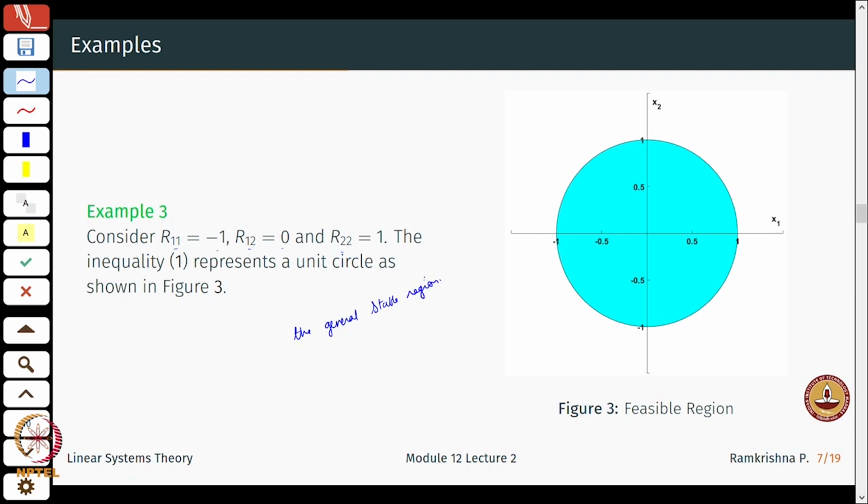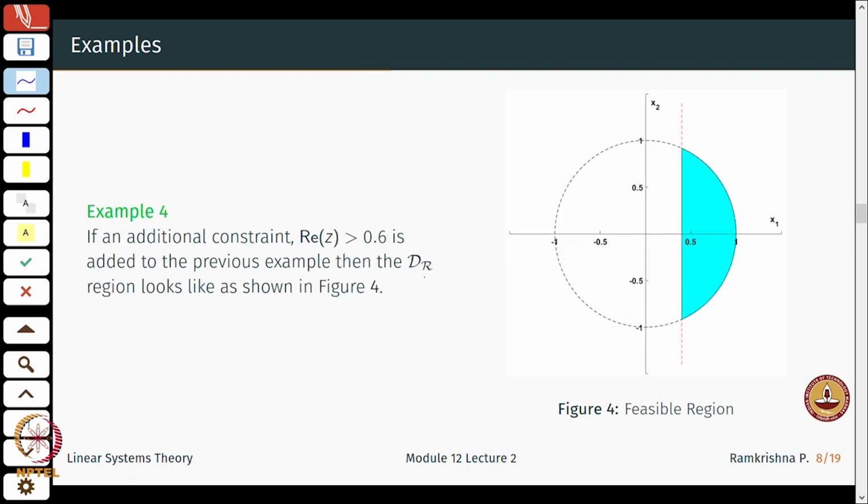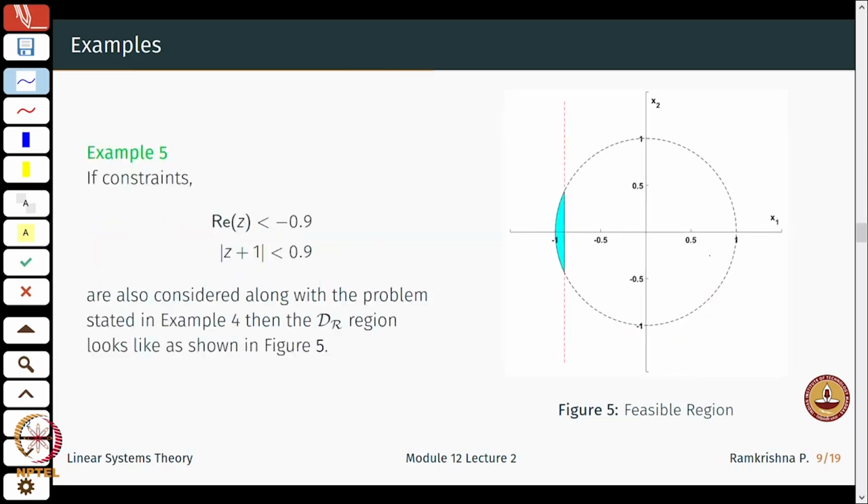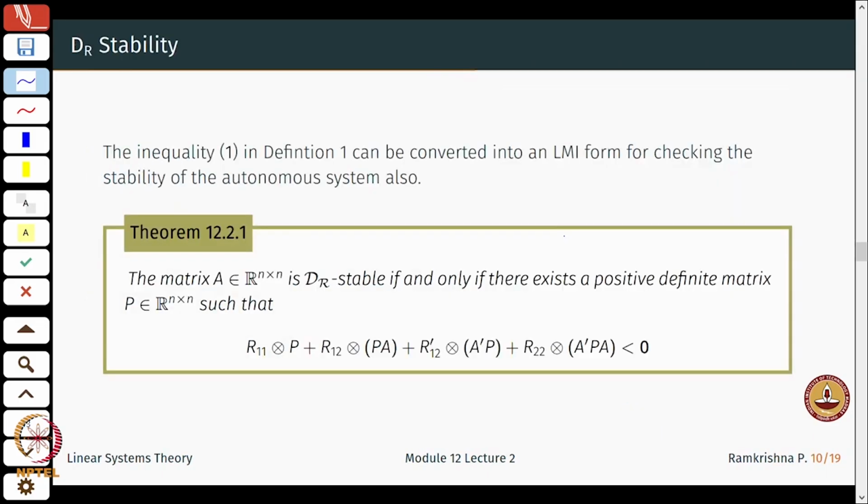Some other examples: if I just add a constraint saying that the real part of z is greater than 0.6, in addition to the constraints here, then I get this as my new DR region, the region in blue here. Similarly, I can restrict to several other regions of the z plane or of the unit disk. All these constitute DR regions.